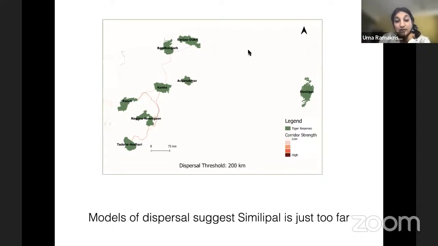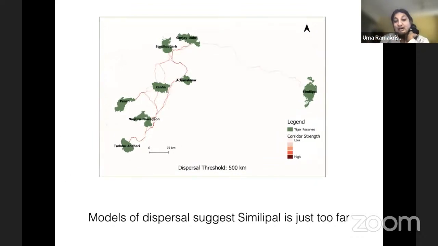Depending on this landscape and what's there, and allowing tigers to move, if you set the dispersal threshold to 200 kilometers, there is no way any tiger would reach Simlipal. On the other hand, when you have a dispersal threshold of 500 kilometers, there's a low chance that you would make it there.